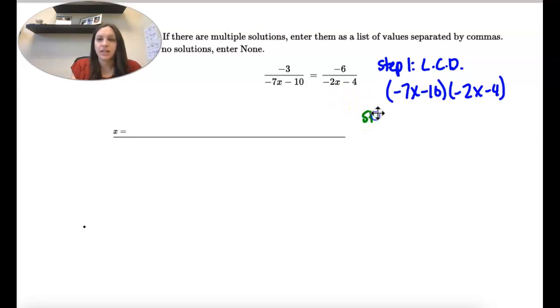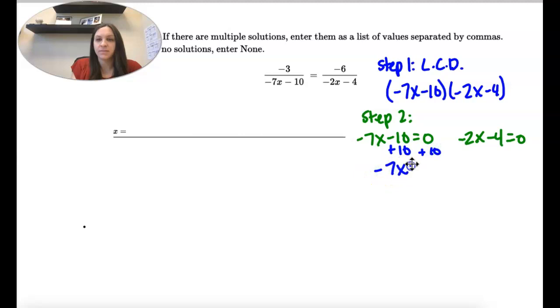And then our second step is to find our restrictions. So that's what x cannot equal. We take each denominator and we set it equal to 0 and solve. So I have plus 10, so x cannot equal negative 10 over 7.